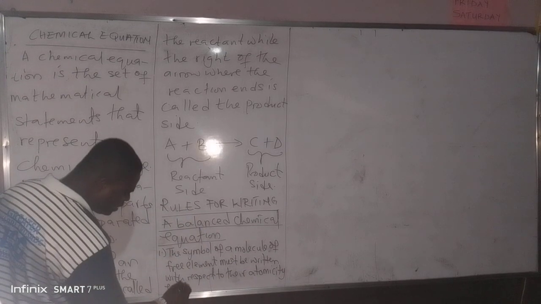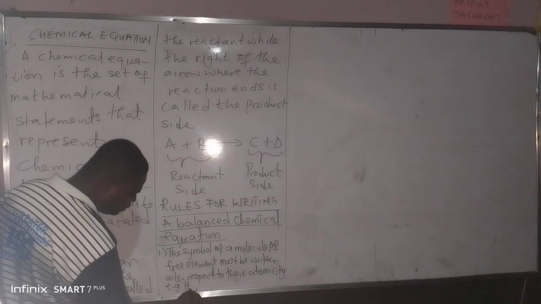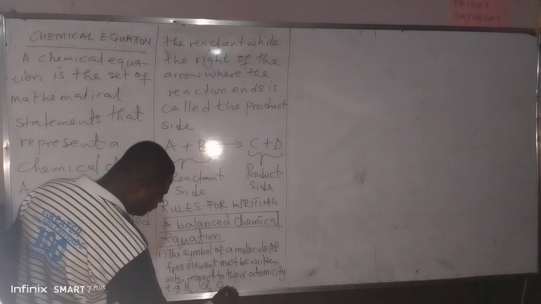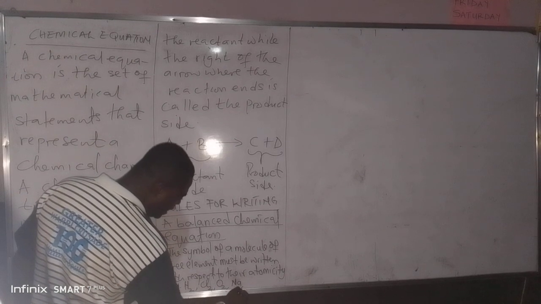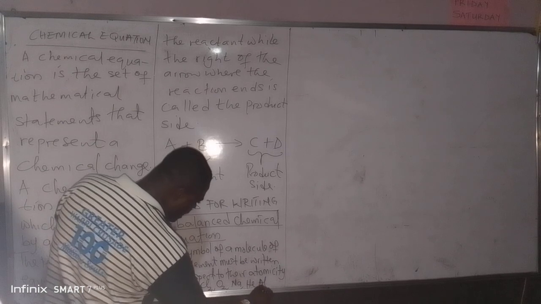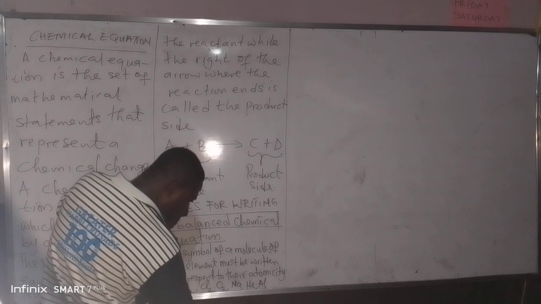E.g., hydrogen should be written as H2, chlorine should be written as Cl2, oxygen should be written as O2, sodium should be written as Na, helium should be written as He, aluminum should be written as Al.